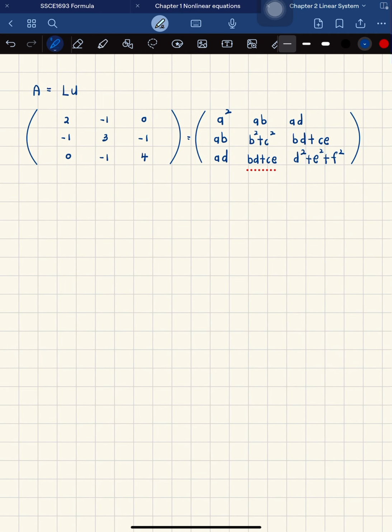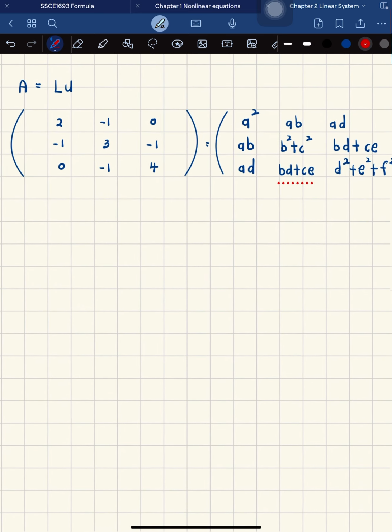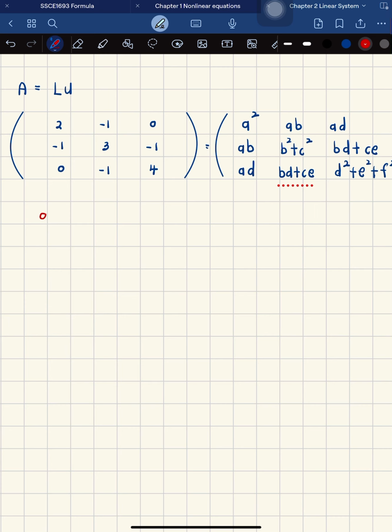Okay, now we compare to get the values of A until F. So A squared equal to 2, so A equal to square root of 2, which is 1.4142.